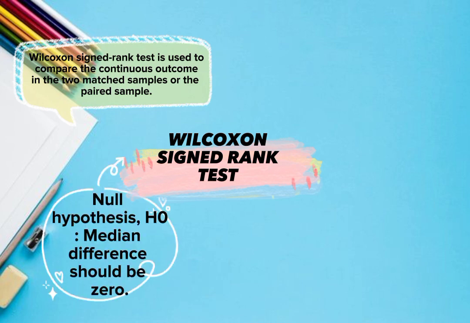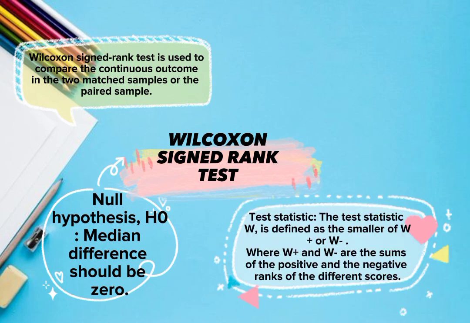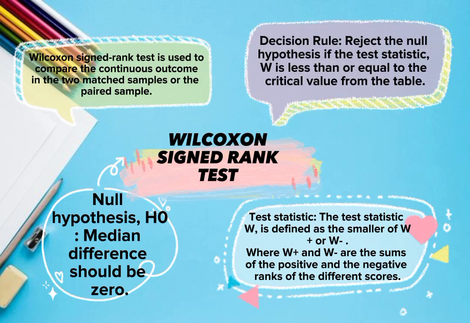The null hypothesis: median difference should be 0, while the test statistic W is defined as the smaller of W positive or W negative, where W positive and W negative are the sums of the positive and the negative ranks of the difference scores. Decision rule: reject the null hypothesis if the test statistic W is less than or equal to the critical value.